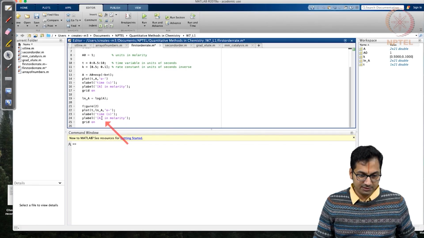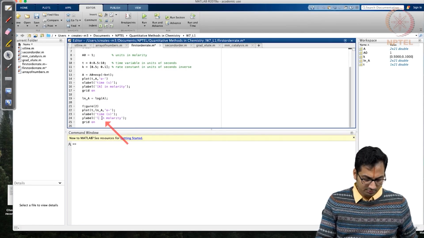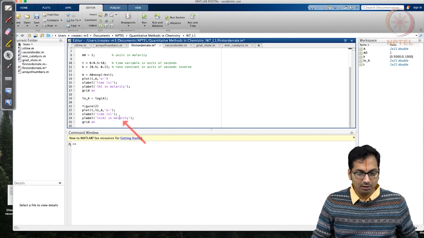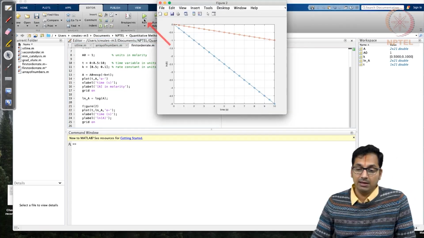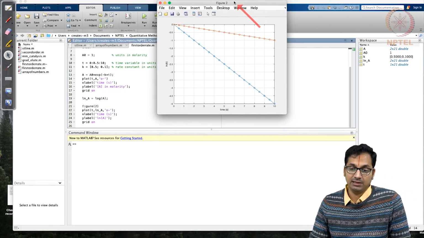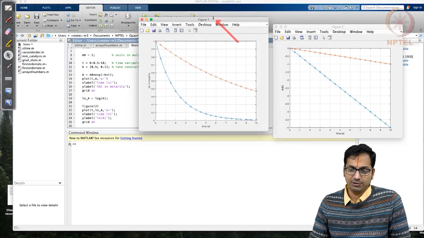So time in seconds, ln of A. Remember, ln A will have no units because log of any number does not have any units. So when you run it, you are able to see everything that goes here.